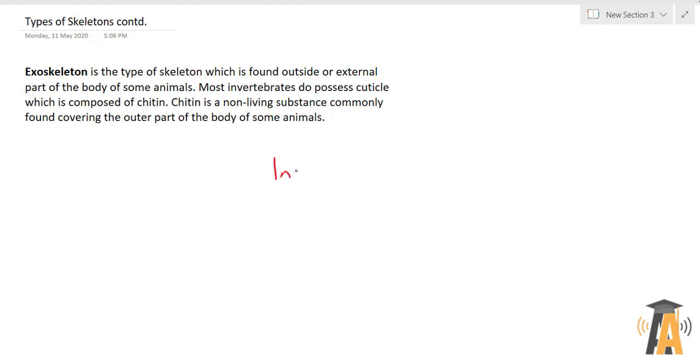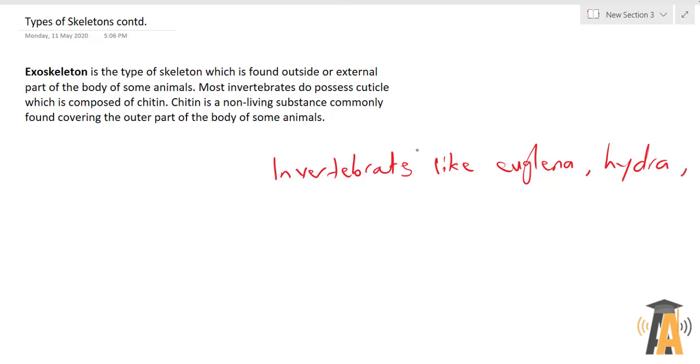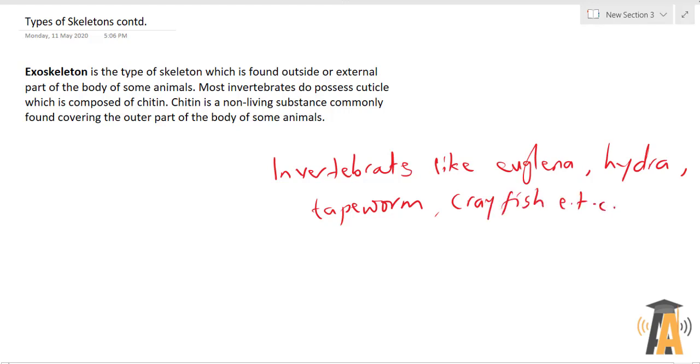So let me just write it here. We have invertebrates, invertebrates like Euglena. You have Euglena. We have Hydra, tapeworm, crayfish, and etc. So these and many more organisms possess exoskeleton.